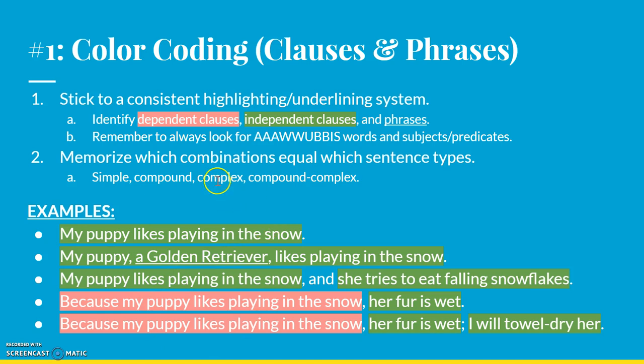And as a quick tip, I would suggest that when you're looking for those dependent clauses, whether they're highlighted or underlined or whatever, please remember to look for those AWUBIS words. After, as, although, when, while, until, before, because, if, since. Those subordinating conjunctions are the most common ones.